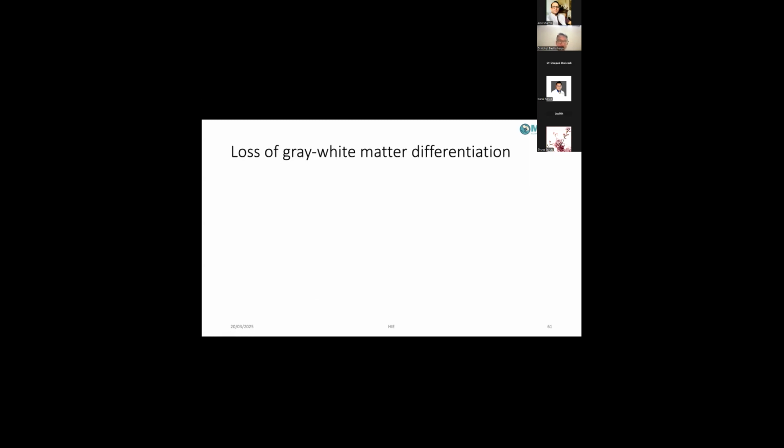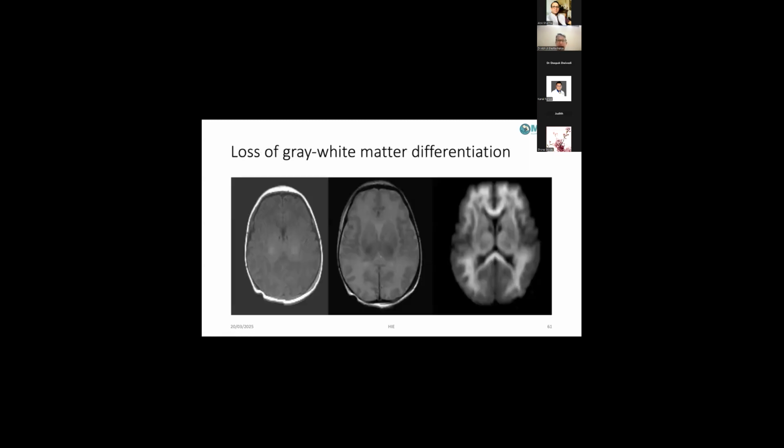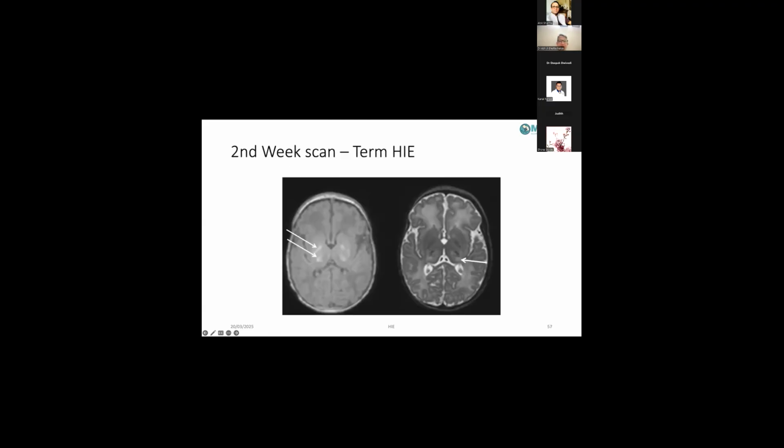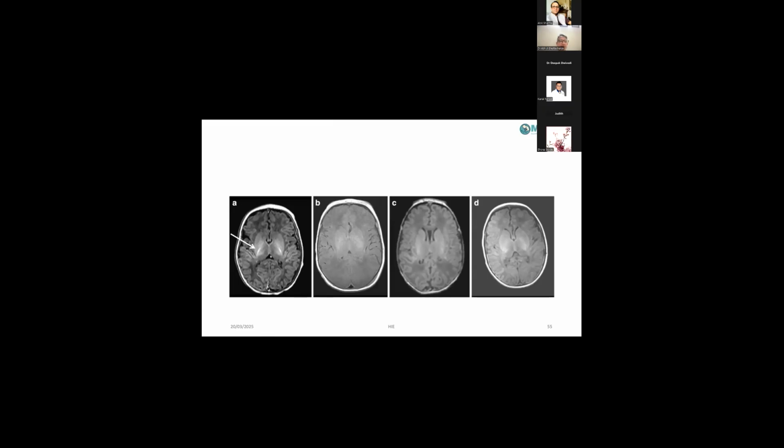Loss of gray-white matter differentiation doesn't need any explainer here. When we say gray-white matter differentiation, just look at the normal one in the other babies. You can see the rims and the white matter here, and you can clearly make out the gray and white matter.